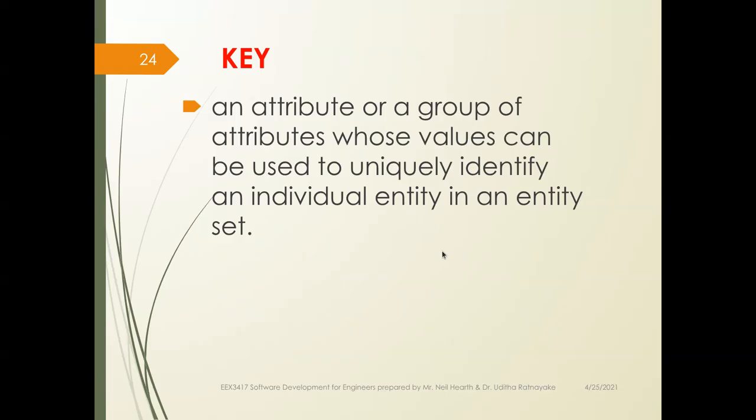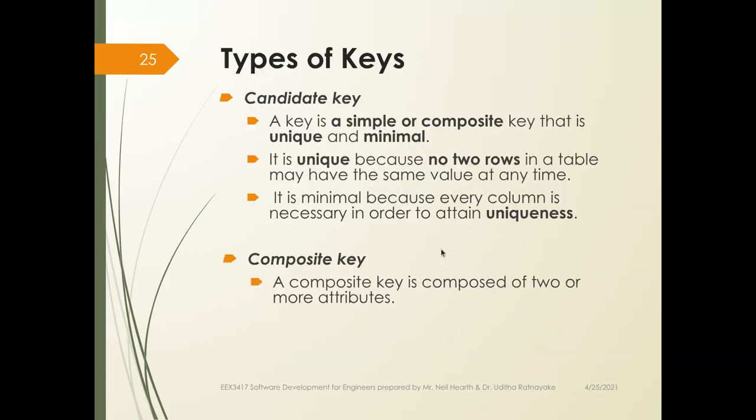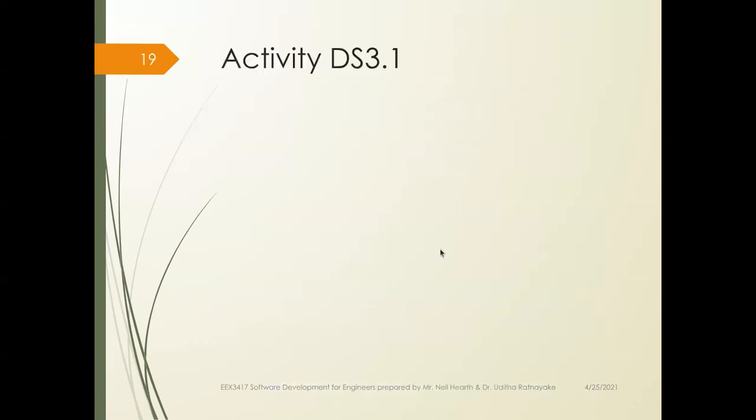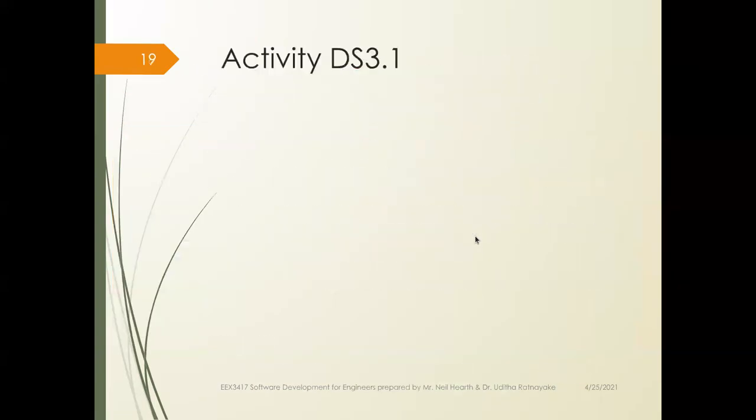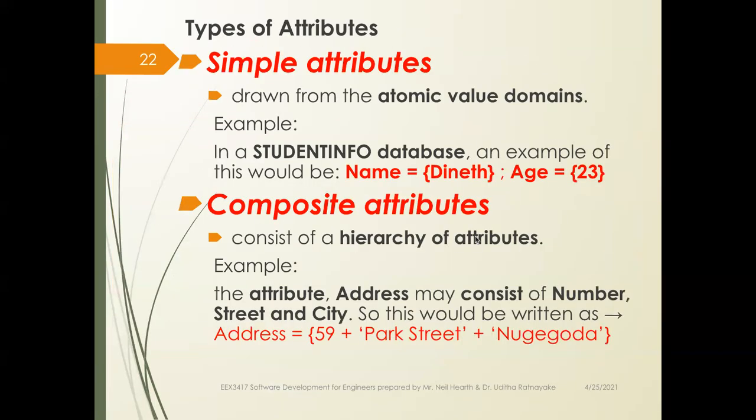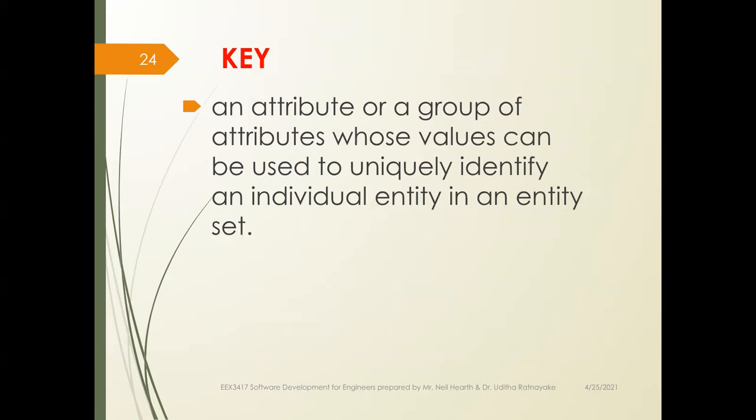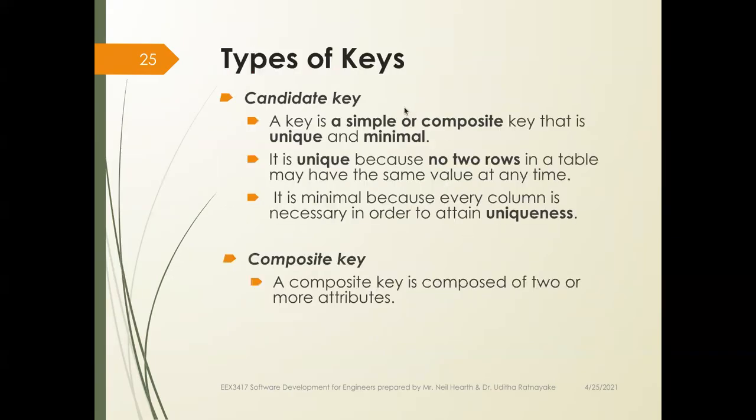In the marks table, there are three attributes forming a combination primary key. Here there is a single primary key. Types of keys. Candidate key.